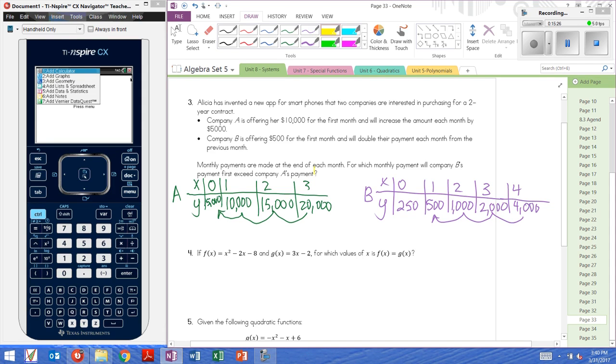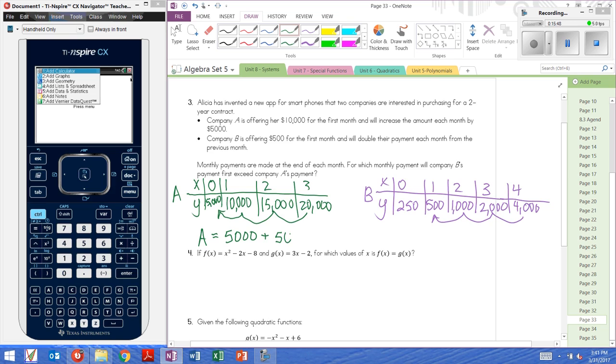So I'm having a hard time figuring this out. Maybe we need to come up with some algebra to help support or figure out what's going on here. So let's say company A would equal, well, how do we start? How could we model this? We started at 5,000, right? And then we kept adding what every single time?